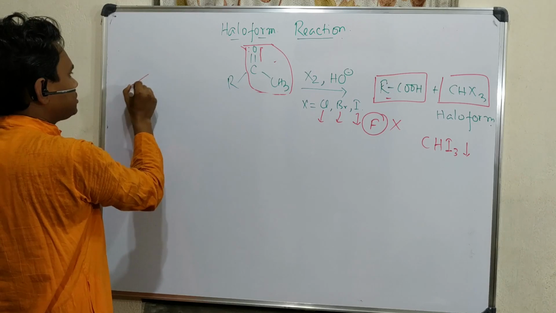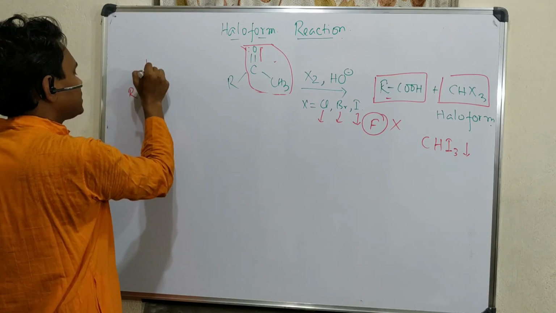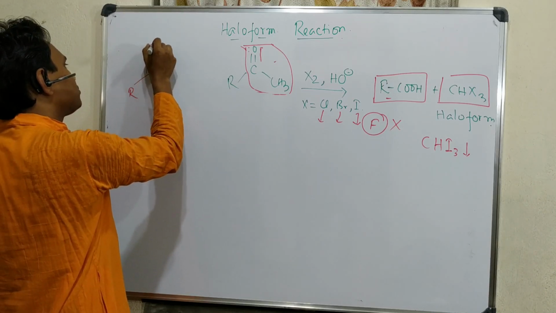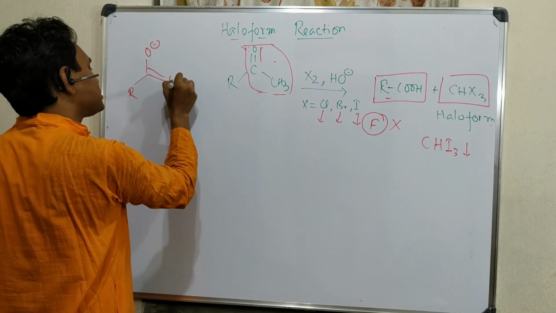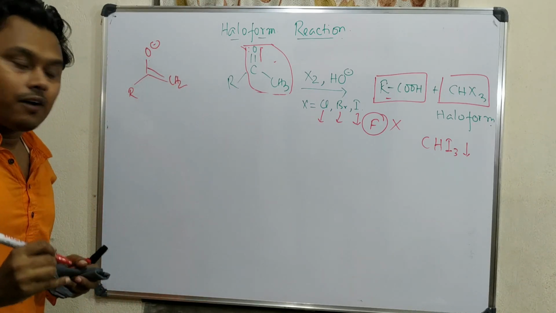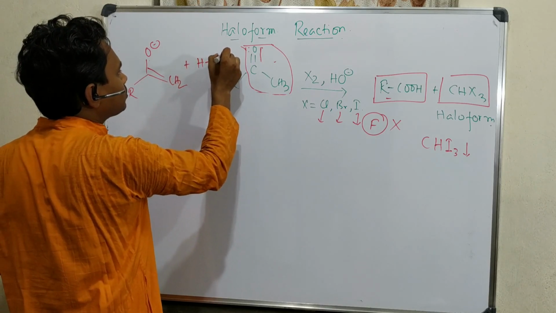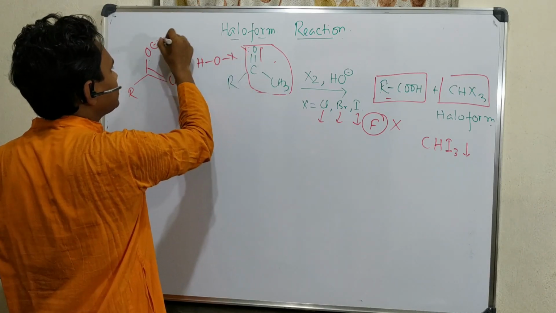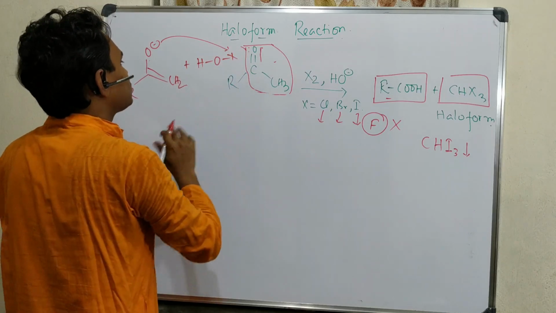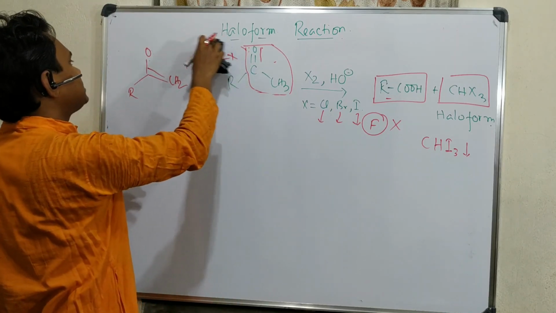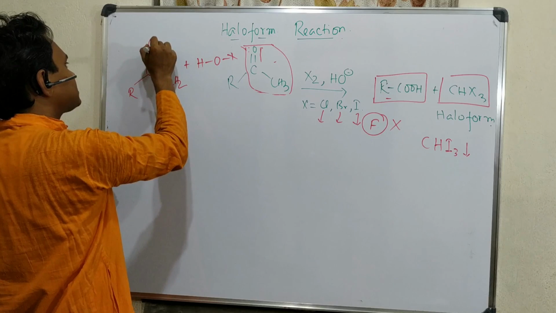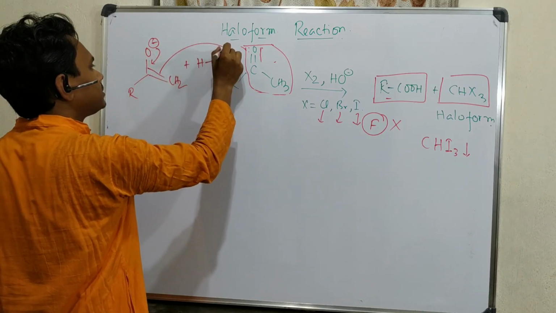In presence of base, it produces enolate. I have explained this enolate formation in detail, so I am not going to explain it again. After that, this enolate reacts with this OX, sorry, this X, and the enolate reacts through carbon.